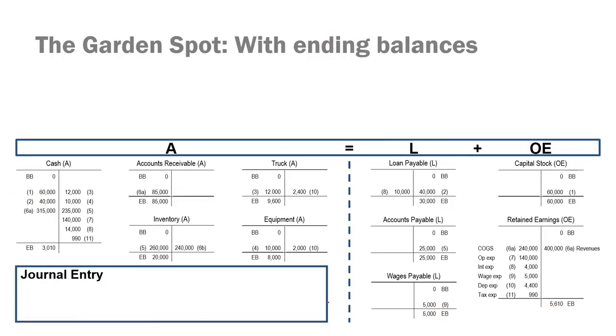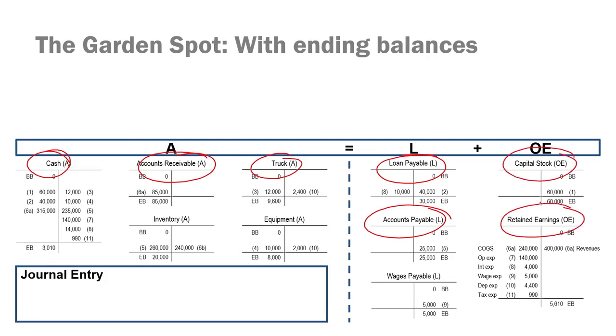Let's go back to our structured workspace. Note that every T account on this workspace is either an asset account or a liability account or an owner's equity account. And note that we've already done the work even to get the ending balances in each of these. So preparing a balance sheet is absolutely straightforward after we've done all of this work.